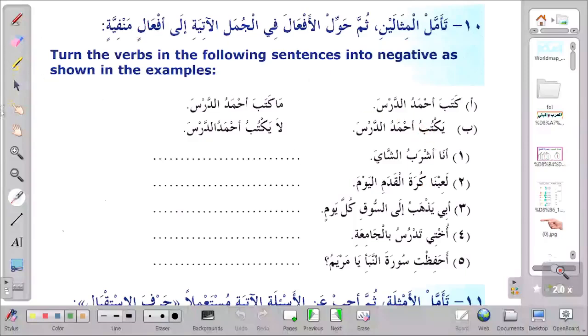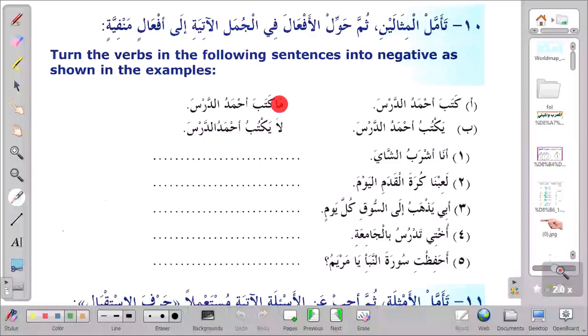Okay, so as you can see here, for example, كتب أحمد الدرس. Ahmad wrote the lesson. But if you want to negate the sentence by saying that Ahmad didn't, that is what they are trying to do. So if you can remember, we looked at adawatun nafi, and one of them we looked at was the ma.